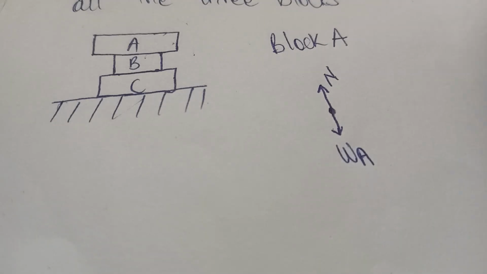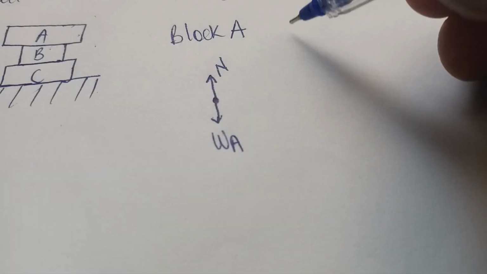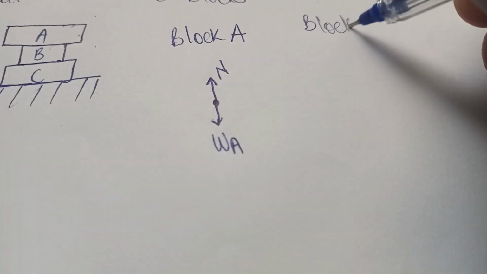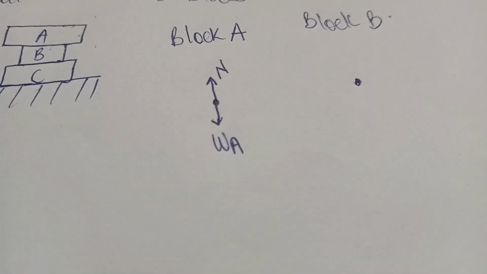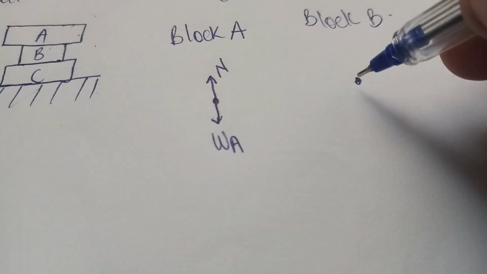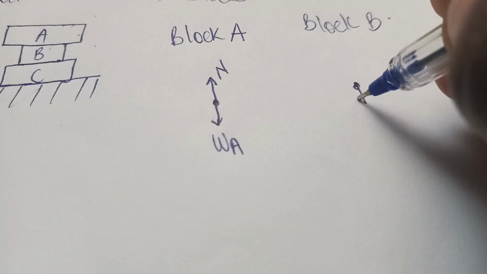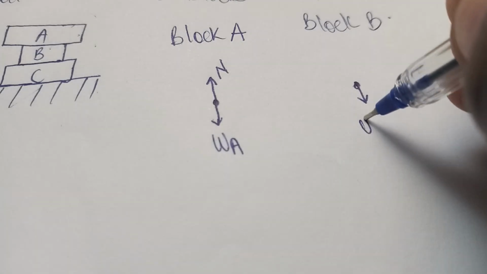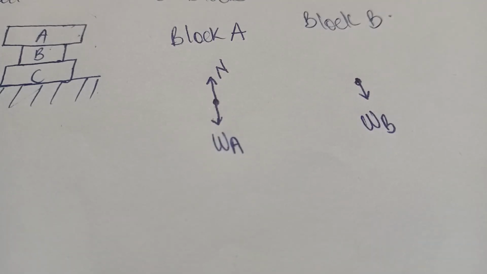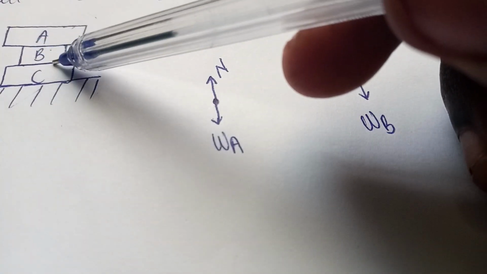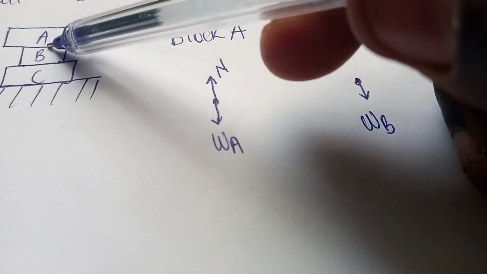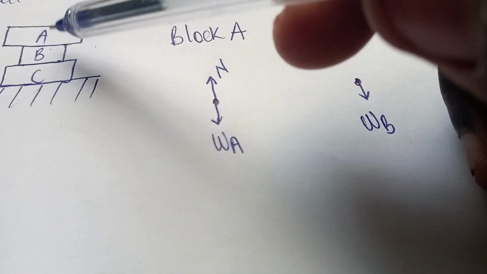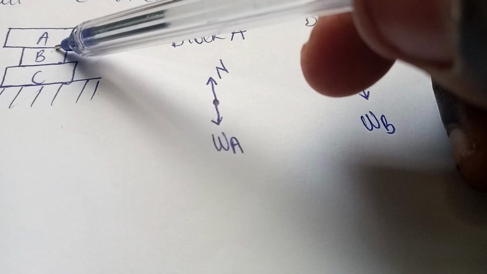Let's see block B. Block B might be a little bit trickier. This is block B here. Let's start with the force that you all know it experiences, the weight of B. But we have contact here and contact here, so there's a normal reaction right here and a normal reaction over here.